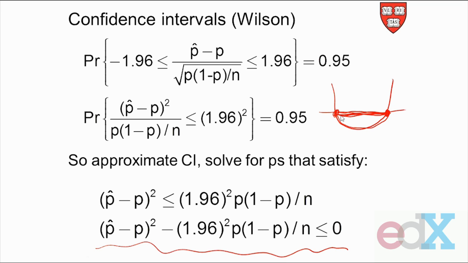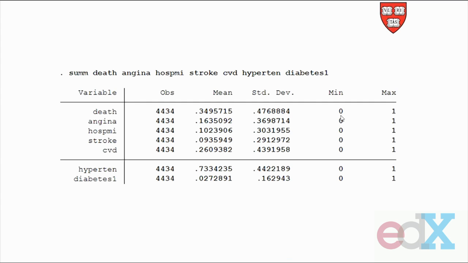Now, of course, we're not going to do all these calculations every time. What we're going to do is we're going to ask Stata to do it for us. So let's do that. So here I've chosen 7 variables from our Framingham Heart study. And these 7 variables are all 0, 1 variables. And here are the answers for the proportions of these variables equal to 1 when we look at all 4,434 people in the study.